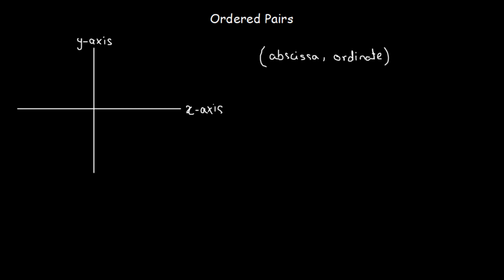Now let's understand what an abscissa and an ordinate are. But before that, what's the use of an ordered pair? Actually, the main use of an ordered pair is this: it helps us to locate a point on the Cartesian plane. So this is our Cartesian plane, a plane that consists of an x-axis and a y-axis.